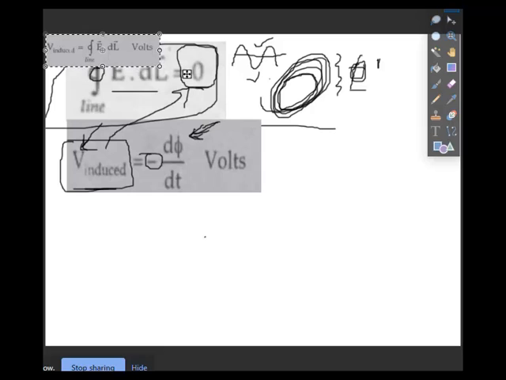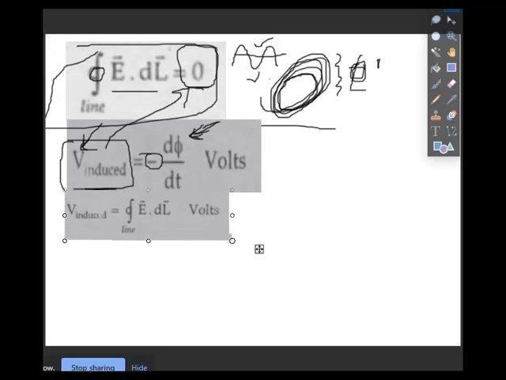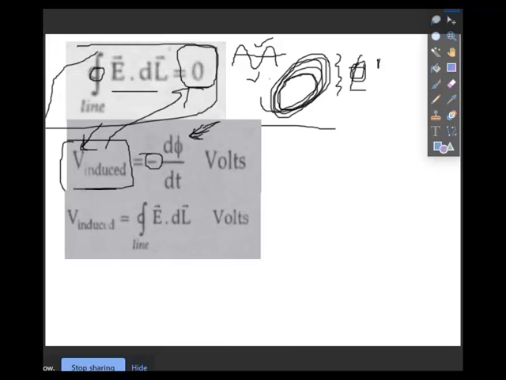On the left hand side we have integration of E dot dl, and on the right hand side previously it was 0, but now for a time varying field it is V induced. We already had V induced equal to d by dt of phi with a minus sign, and this expression is non-zero and has the value V induced.